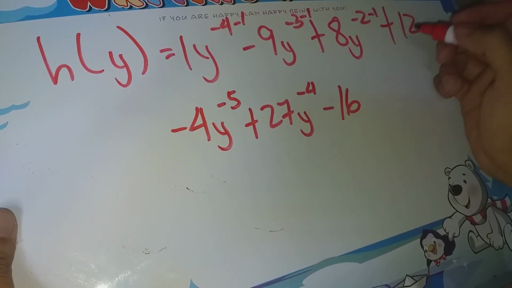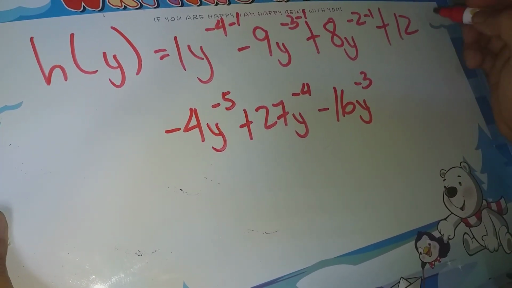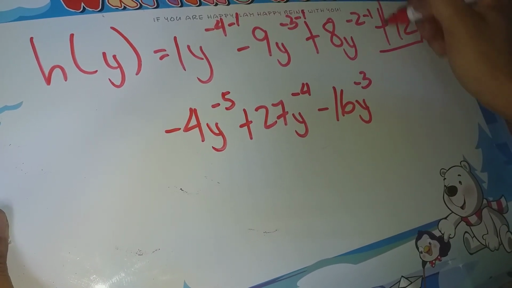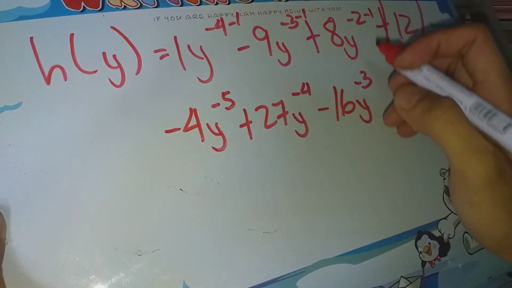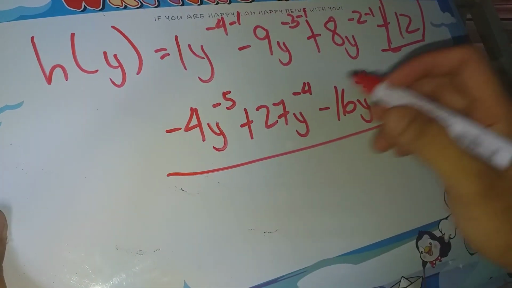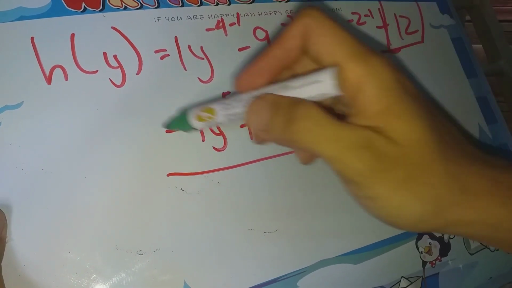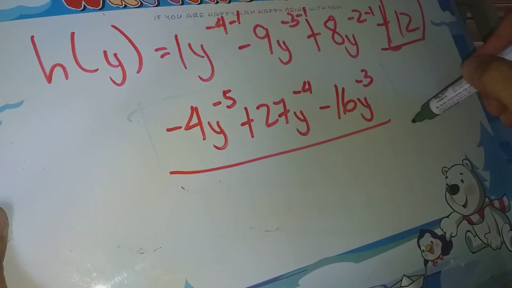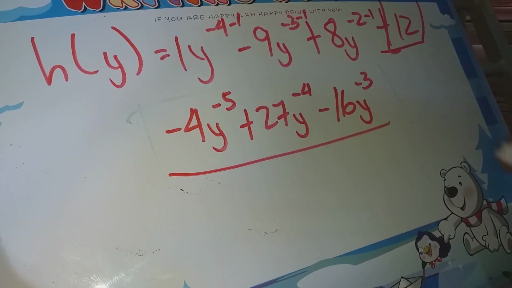So negative 2 minus 1 is y raised to negative 3. And again, any constant in a given function automatically becomes 0 or disregard. So the answer in problem number 4 is negative 4y raised to negative 5 plus 27y negative 4 minus 16 y negative cube.